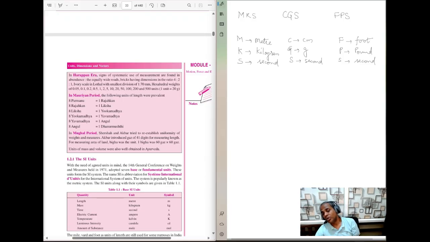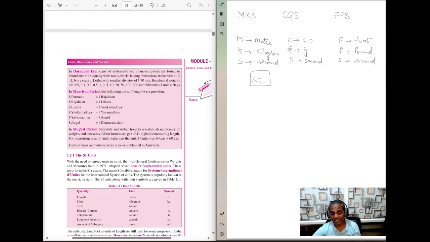So scientists wanted to have a uniform system of measurement throughout the world, and that's how the SI system, which is short for Système International d'Unités, evolved. It's a French name, and it has been accepted worldwide as the standard system of measuring physical quantities.